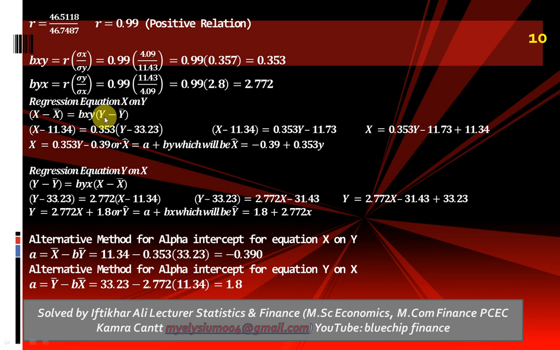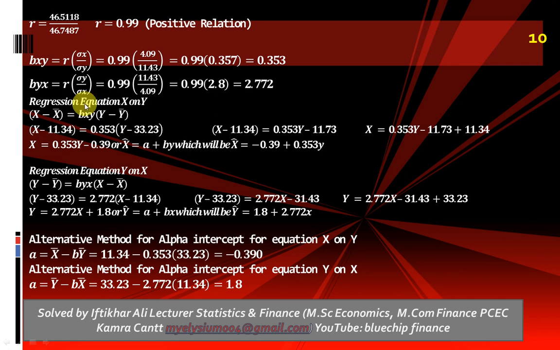As you are seeing here, in all these calculations we needed only one thing, and that was the alpha, because regression coefficients are already calculated here. So I am going to discuss two other short formulas to calculate the intercept values. For intercept of regression equation x on y, alpha equals x bar minus beta x on y times y bar.